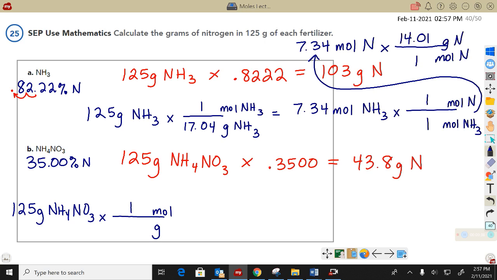There were really 2 of them. There were 4 total hydrogen and 3 total oxygen for a mass of about 80.06 grams. Okay, so if I plug that in and solve it for moles, 125 divided by 80.06, I get about 1.56 moles of NH4NO3.